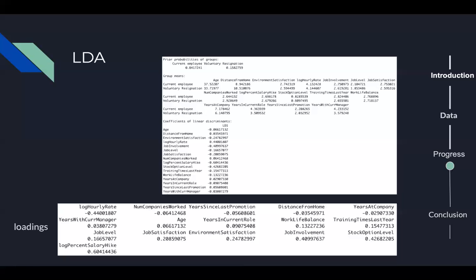Since we only have one component, we didn't get a proportion of trace from the loadings. We can see the linear discriminant has mostly hourly rate on the negative side. On the positive side, we got 0.4 times job involvement, 0.4 times stock option level, and 0.6 times percent salary hike.